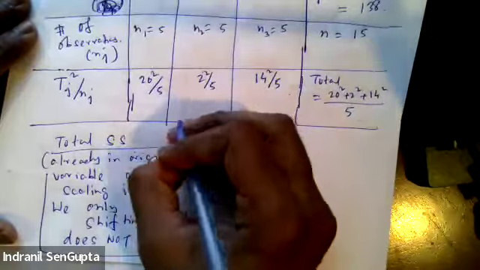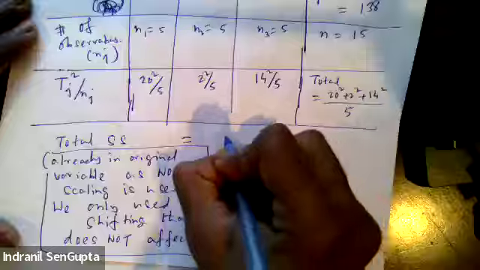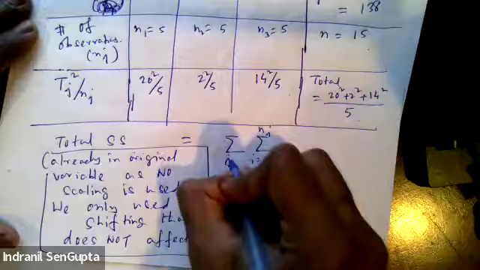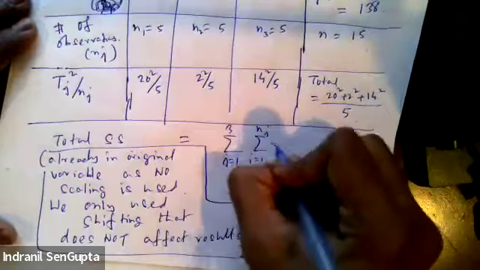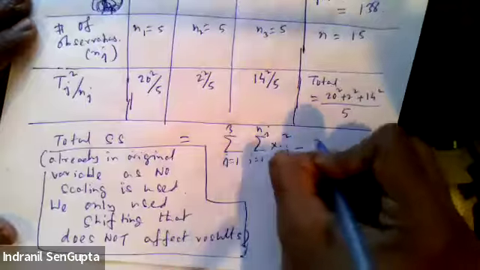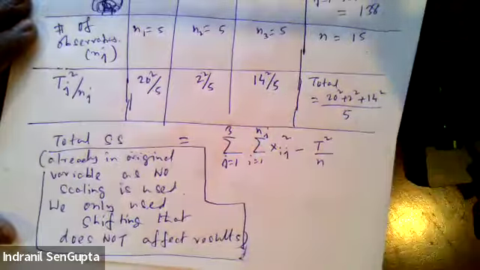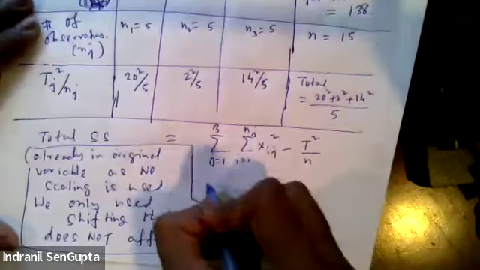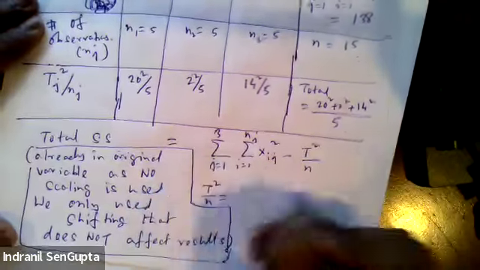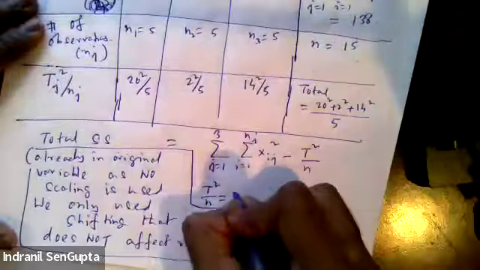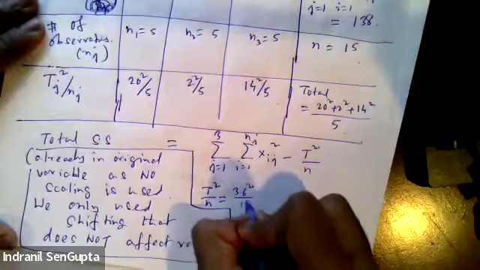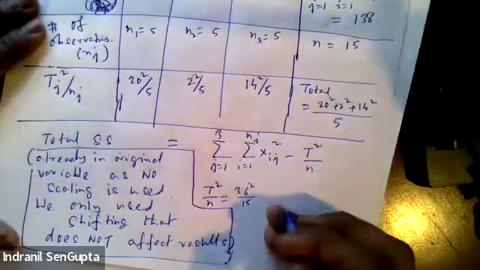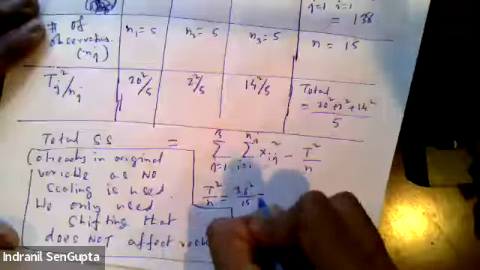So now the total is given by the sum over i from 1 to n sub j, j from 1 to 3, of xij squared, minus T squared over n. What is T squared over n? I forgot to compute this, which is very important. T squared over n is 36 squared over 15, which is 86.4.